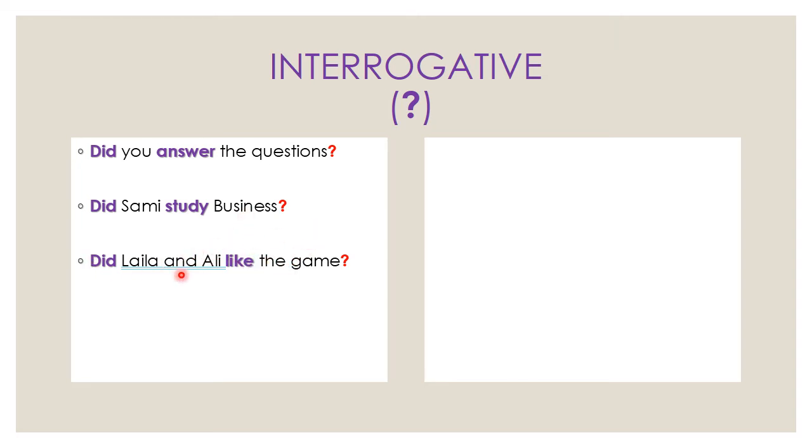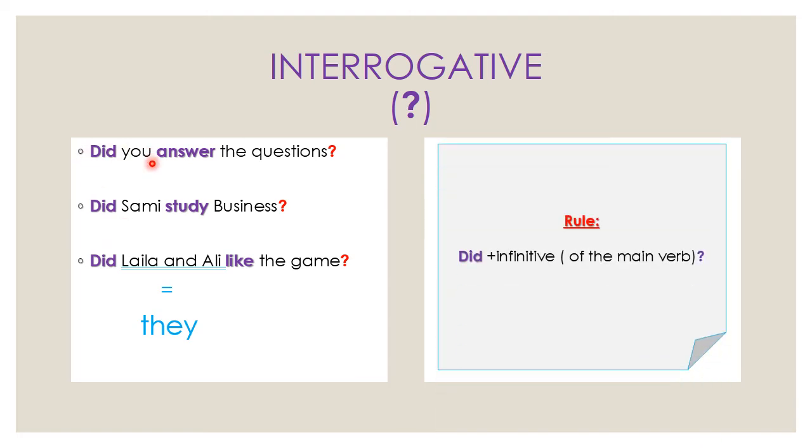We can substitute Layla and Ali by they. Okay, what can we notice from these examples? The auxiliary to do never changes. Even if we have here they, it does not change. Did Layla and Ali, did they, did you, did I, etc. So the rule is did plus infinitive of the main verb and question mark.